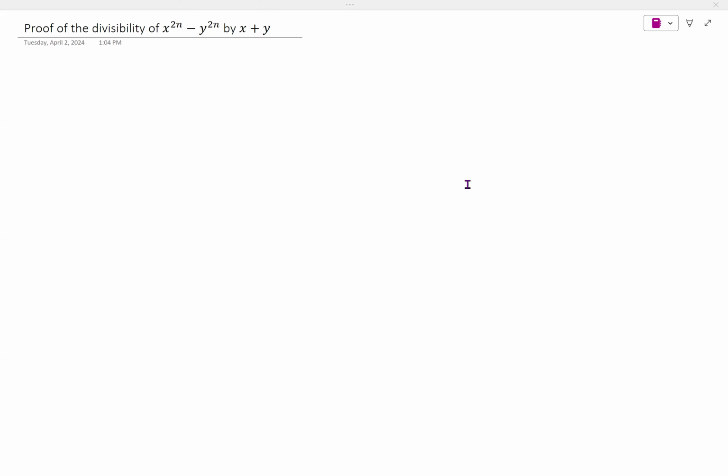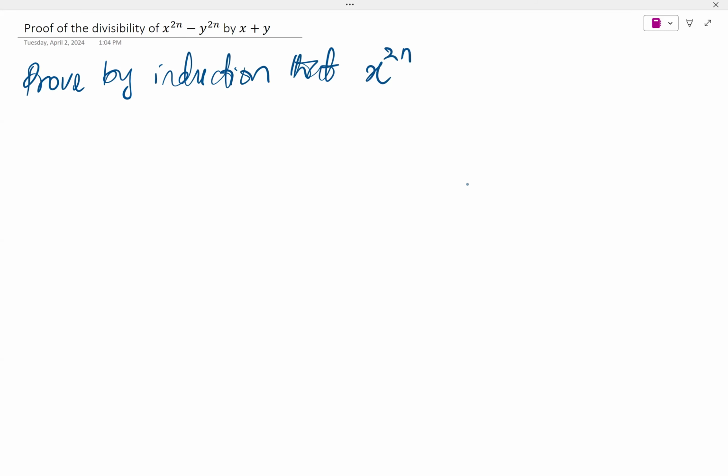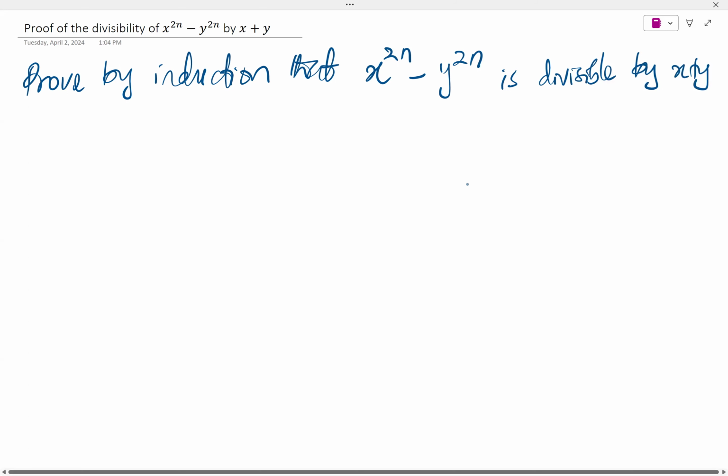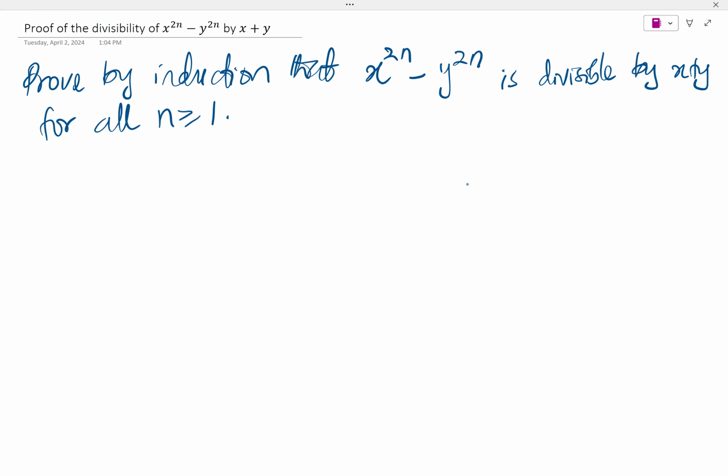So in short, we have to prove by induction that x raised to power 2n minus y raised to power 2n is divisible by x plus y for all n greater than or equal to 1. That is what we are expected to prove.